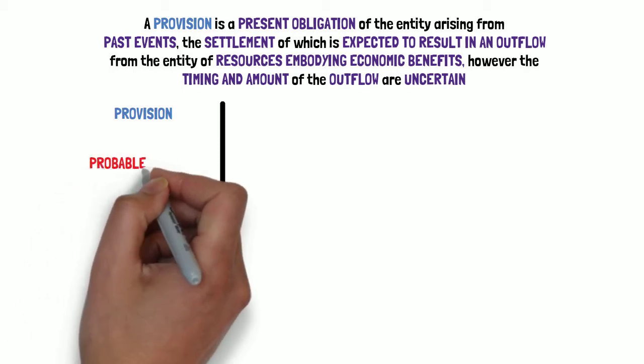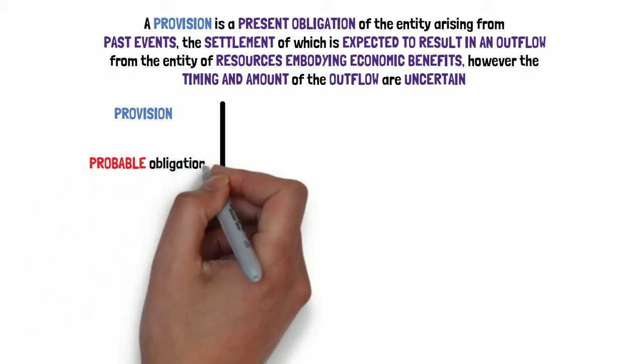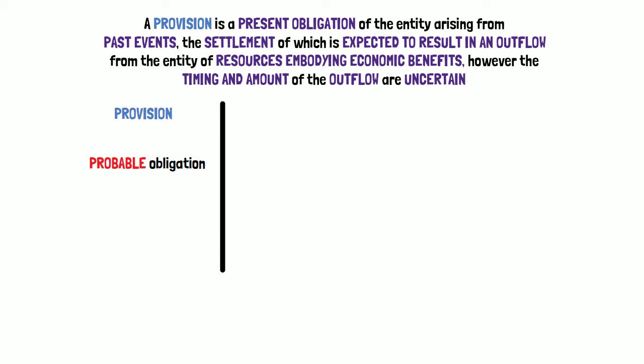Well, we know that there is a probable obligation. Why? Because there is an obligating event that has occurred due to past events. And an obligating event is one where there is no other option but to settle the outstanding obligation now or in the future.